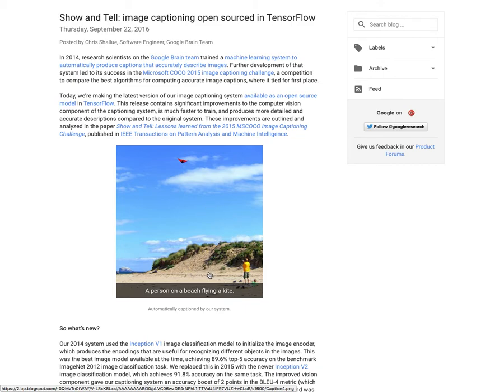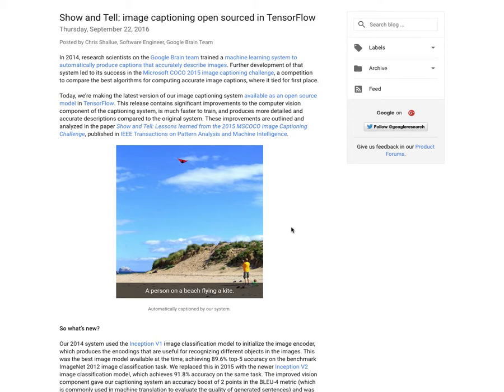I guess that could be a beach, since blue and yellow together sometimes happens. But to identify that as a kite, how many examples of kites would you need to see? It's kind of triangular in shape, against a whitish background, which could be a cloud. And then how do you identify a person, and how do you know that they're flying it? There's an unlimited number of things you would have to do.